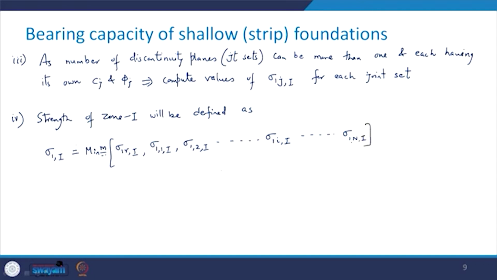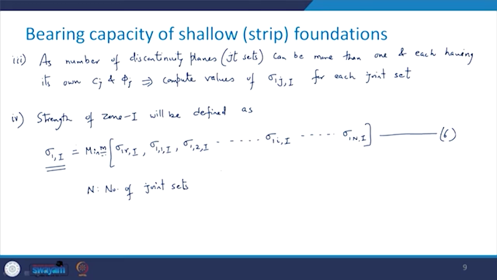So, whichever gives you the minimum value is going to be defined as the strength in zone 1, where this capital N is the number of joint sets. So, I will make this equation number 6.